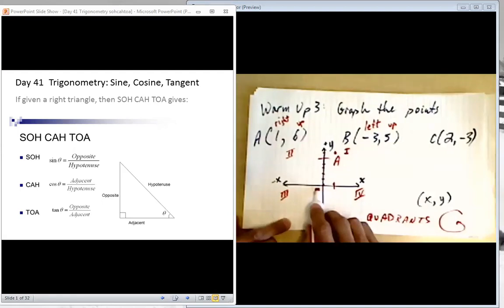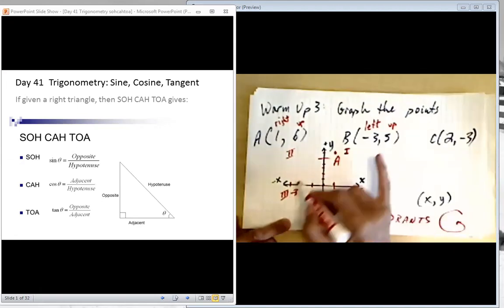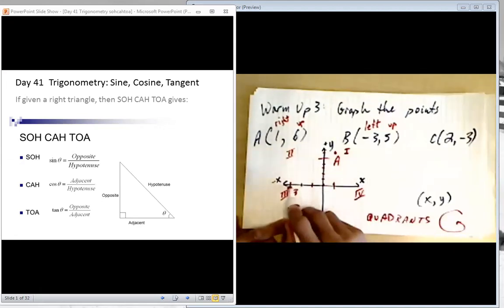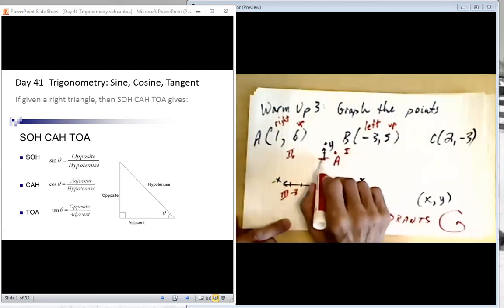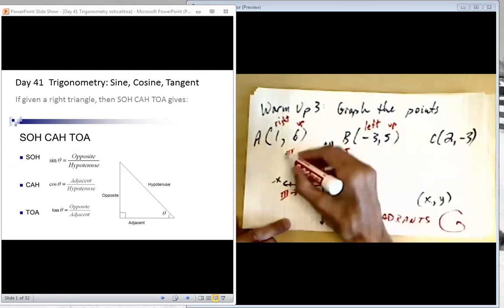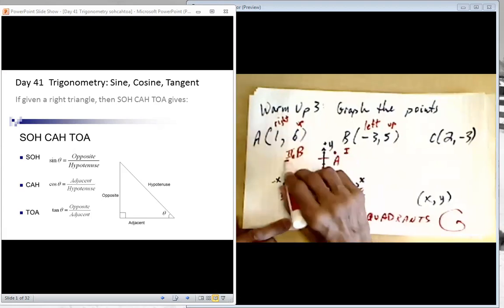Left by 1, 2, left by 3. Yeah, negative 3. Then up by 5 from where we are, right? Doesn't go back there. Left by 3, then up by 5, about there if you eyeball it across. Okay, so that will be point B right there beside the 2 of quadrant 2.